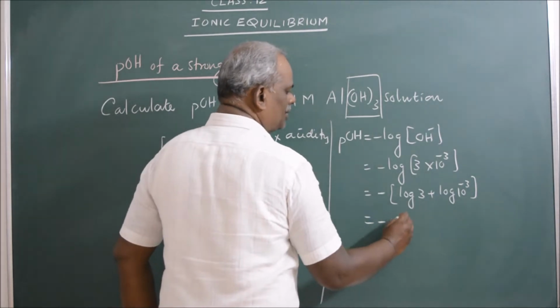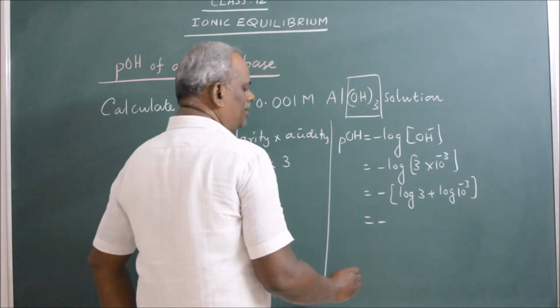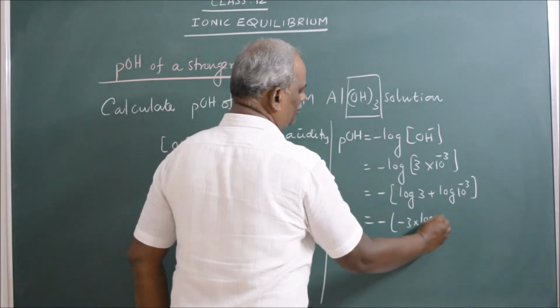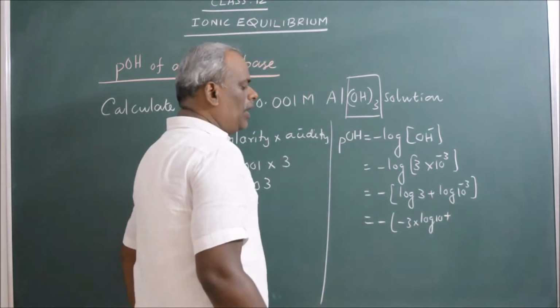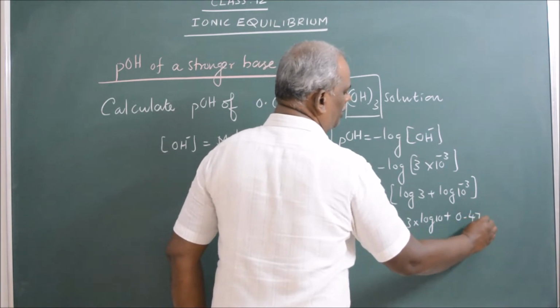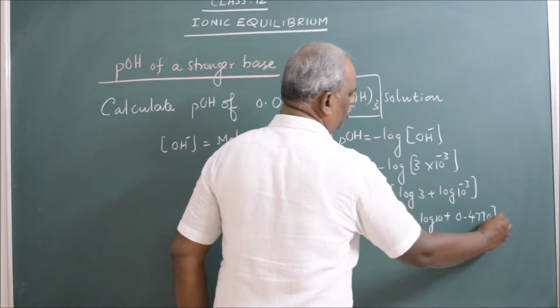And minus log of 10 power minus 3 is written as minus 3 into log 10. And log of 3 is 0.4770.